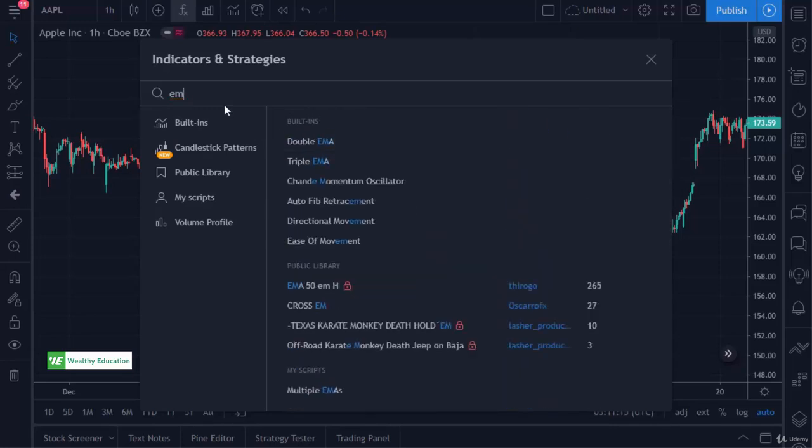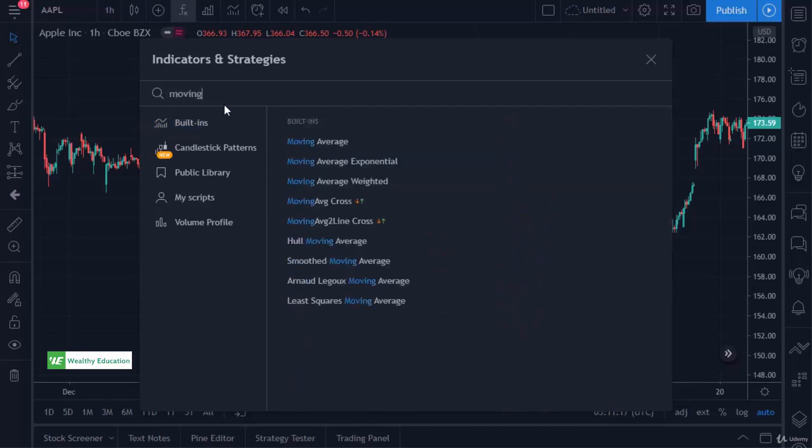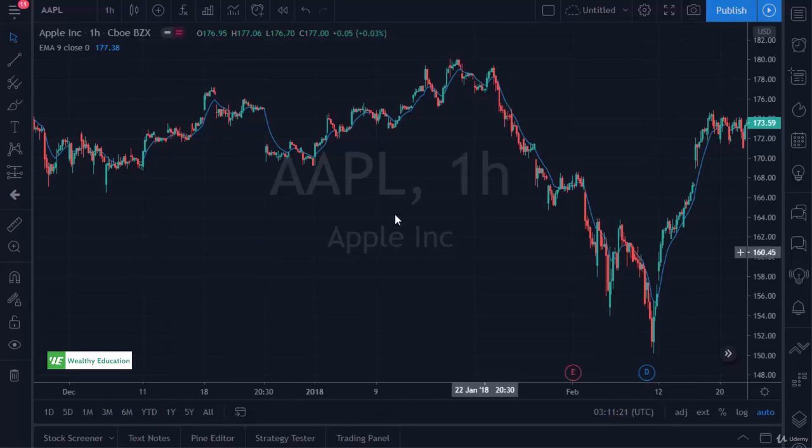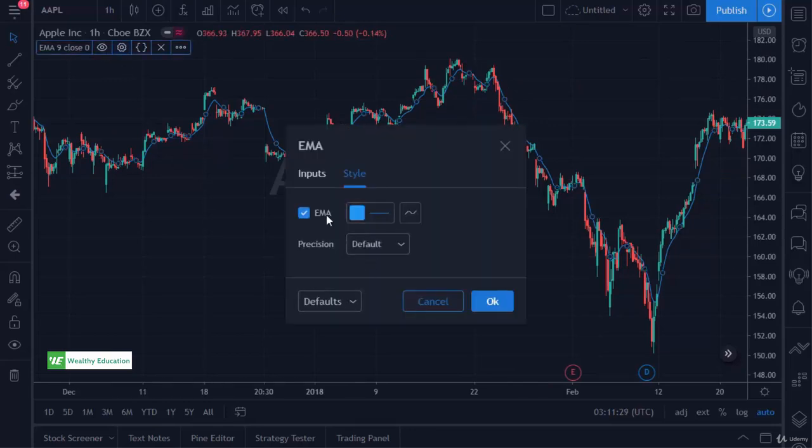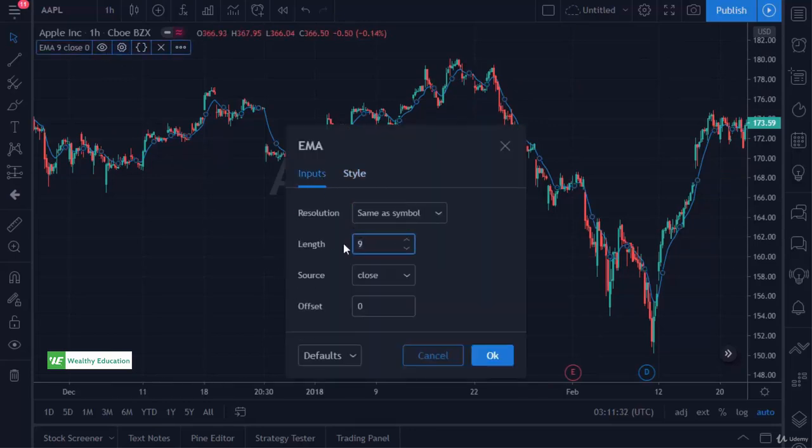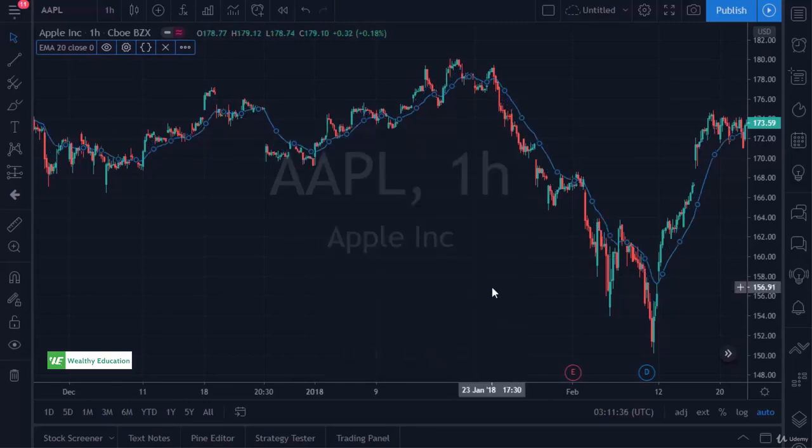So with this being the case, let's go ahead and type in moving average exponential. And here we go. You can see that the 9 broke down below this trend line. It certainly was sloping lower. But it's an hourly chart, so let's use something a little bit slower. And you can see that the 20 definitely sloped lower as well.